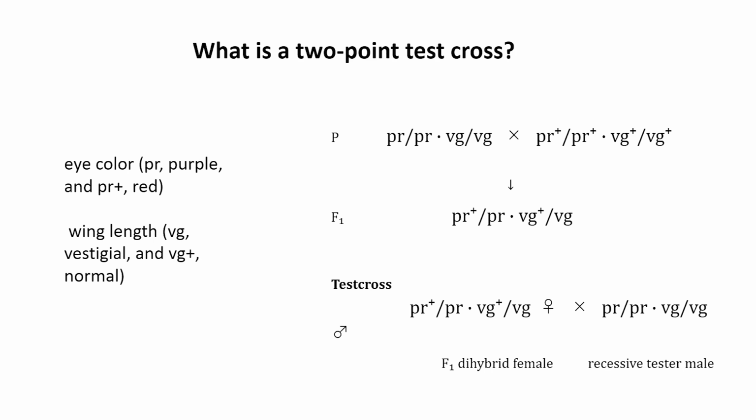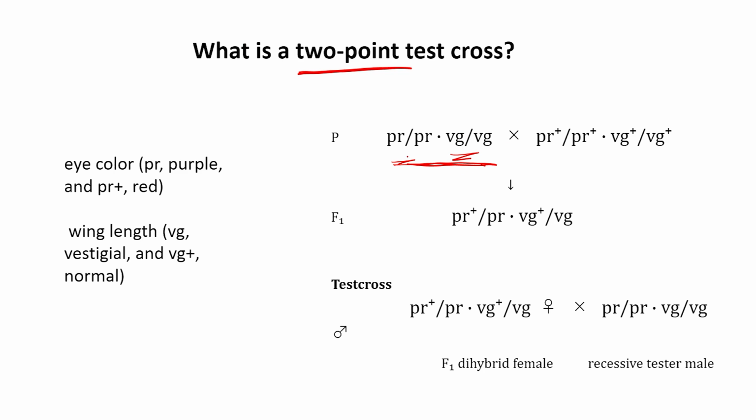So what exactly does 2-point mean? 2-point means we have two genes, and we are trying to understand their frequency of recombination, in what frequency these new combinations are produced or not produced. We are taking two genes in the context, and this is our old example.